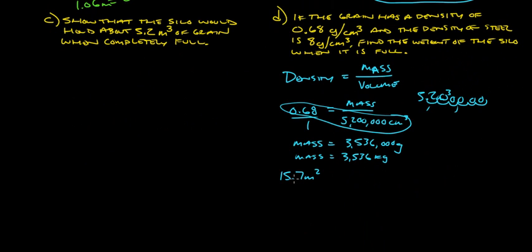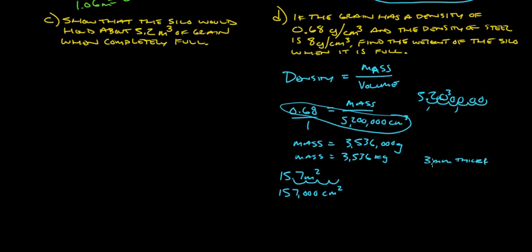So to go from meters to centimeters, we've got to move it over twice, but again it's squared, so we've got to do that 2 times. So it's 157,000 square centimeters. Right, and then we also had 3 millimeters thick is the steel.